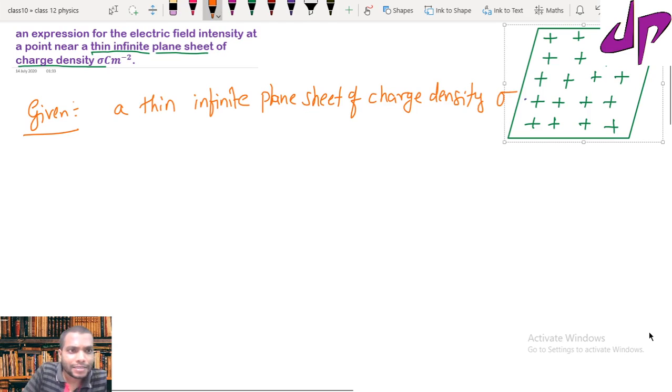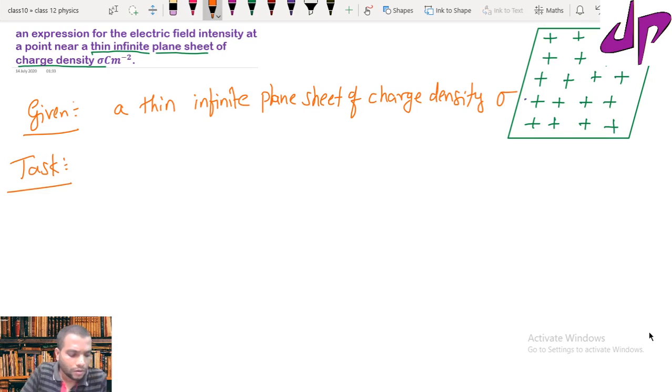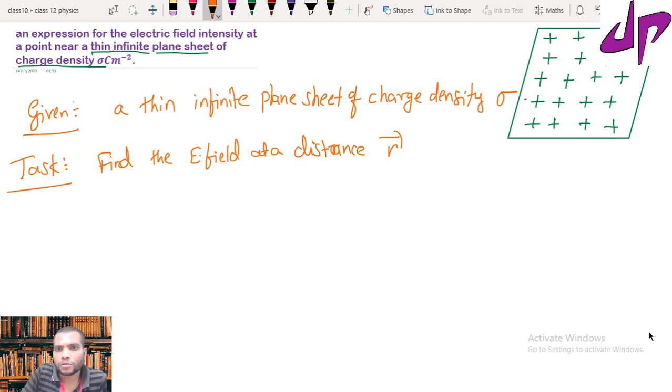Now what is my task? Here the task is to find the electric field at a distance r due to this thin infinite plane sheet.